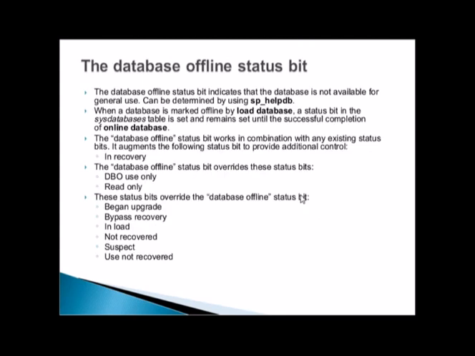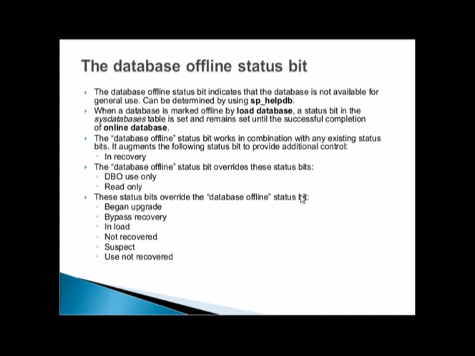And to check the status, we have a status bit. The database offline status bit indicates that the database is not available for general use. It can be determined by using sp_helpdb. When the database is marked offline by load database, a status bit in the sysdatabases table is set and remains set until the successful completion of online database.